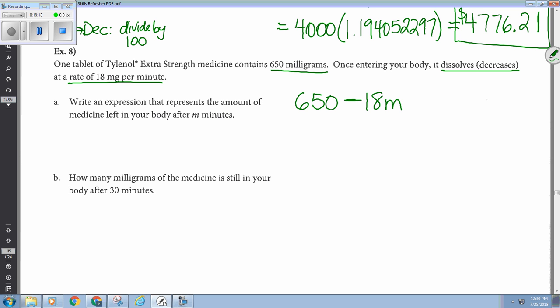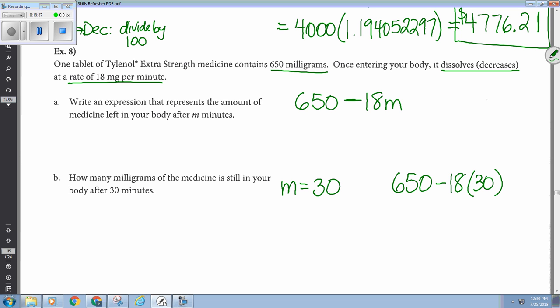Part B is simply asking how many milligrams of the medicine is still in your body after 30 minutes. So that means M is equal to 30 minutes. We take 30, plug it in. Then we solve out using order of operations.